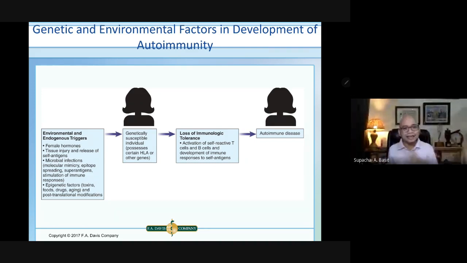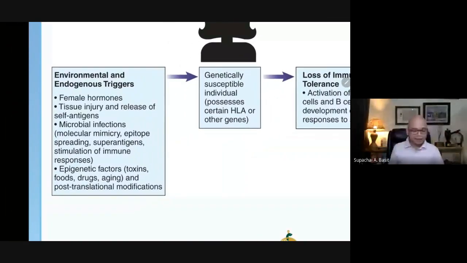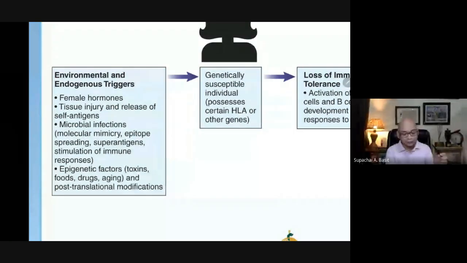So what are the environmental factors? Female hormones, tissue injury and release of self-antigens, microbial antigens that are capable of molecular mimicry, epitope spreading, superantigens, stimulation of immune responses, and epigenetic factors, which include toxins, food, drugs, aging, and post-translational modifications.